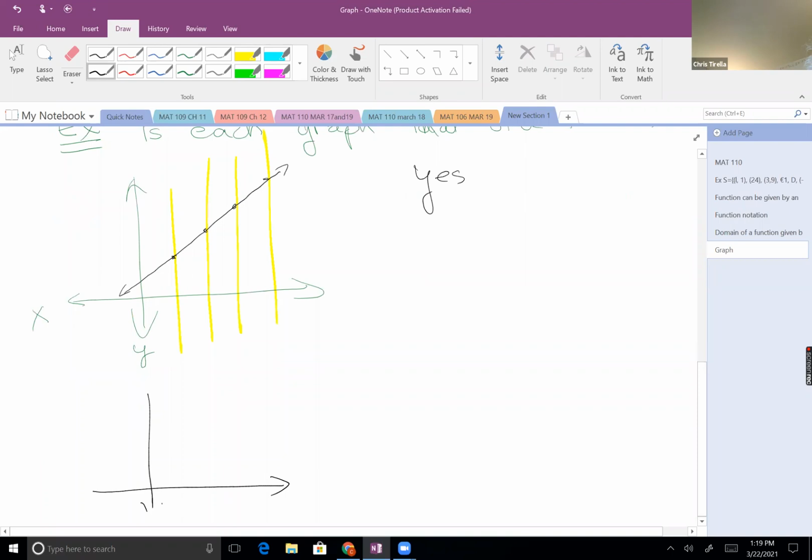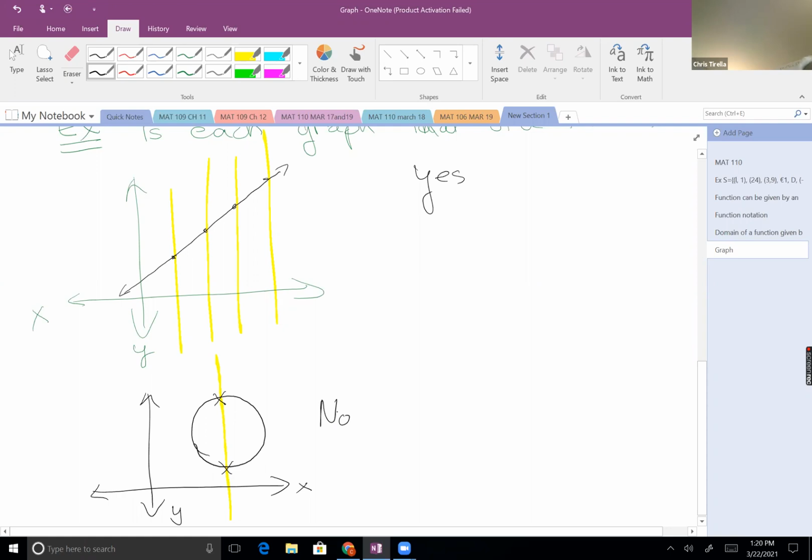Instead, something that we'll look at a little later, if my graph is a circle, if I draw in my vertical line, that vertical line crosses it in two places.